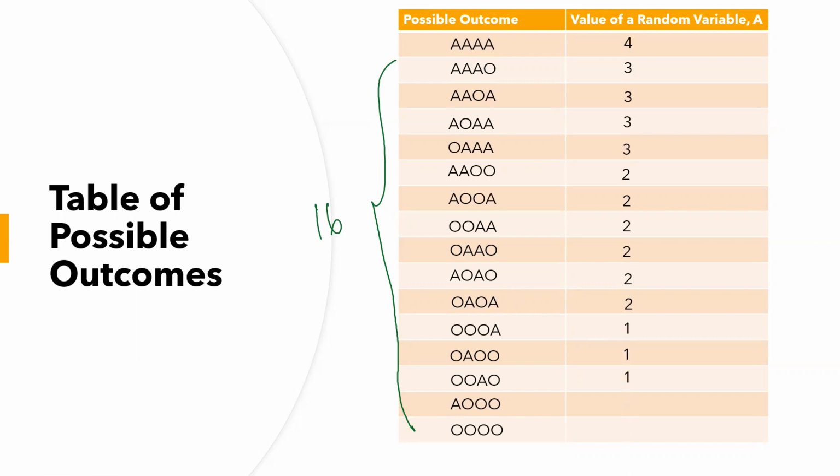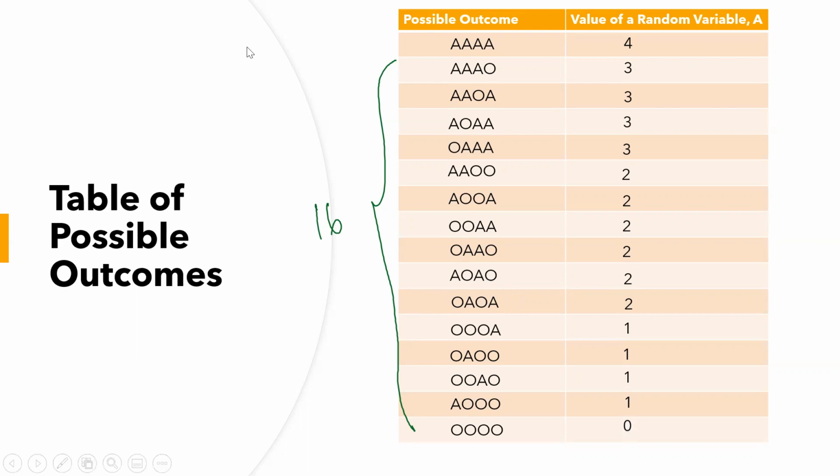For the outcomes where we have only 1 apple: OOOA, OAOO, OOAO, AOOO. For the outcome wherein we have no apples, 4 O's, the value is 0.